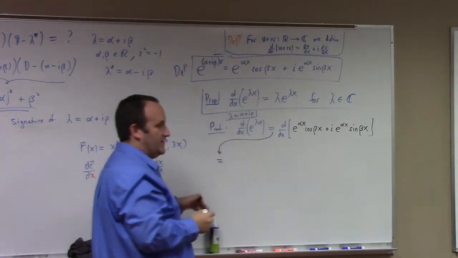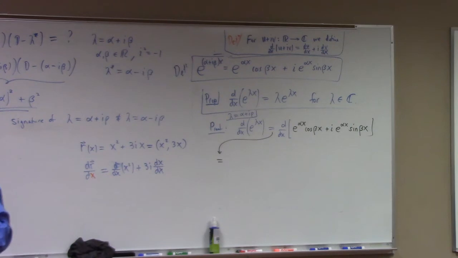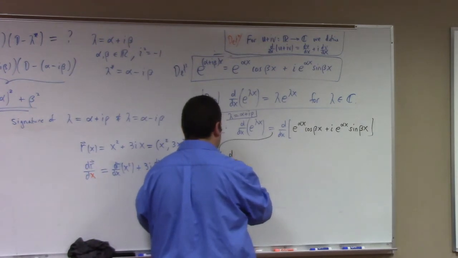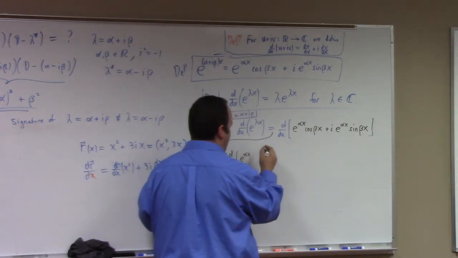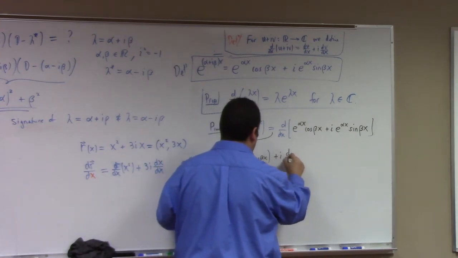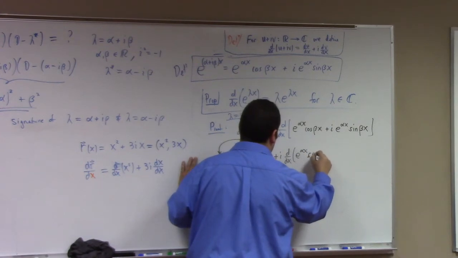You'd like me to do this here, because if I don't do this here, it becomes one of your homeworks, right? Should I keep working? Yes, okay. Just checking. So this is d/dx, and by homework I mean your next quiz, of e to the alpha x cosine beta x plus i d/dx of the sine term. This is just the definition of how we differentiate a complex valued function.